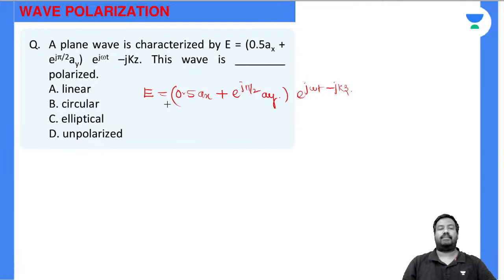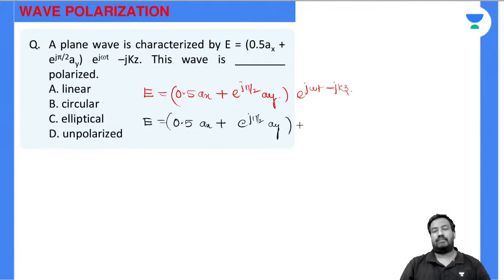Elango, how to do this? E is 0.5 amplitude ax plus e power j pi by 2 ay into the phase term. Can I write this as 0.5 is 0.5 into 1, and e power j pi by 2 is 1 into e power j pi by 2?